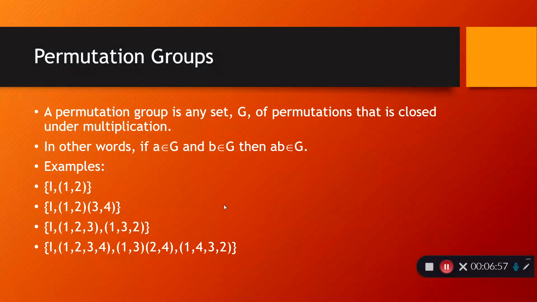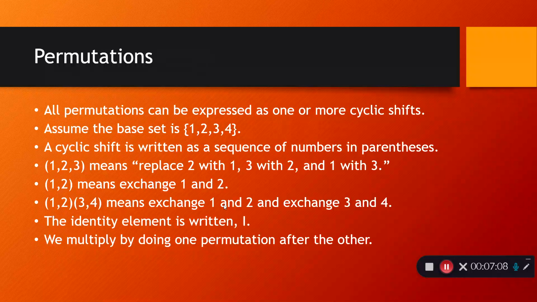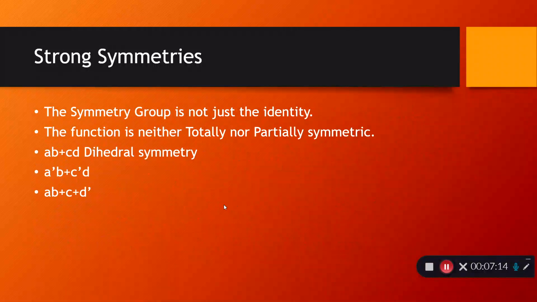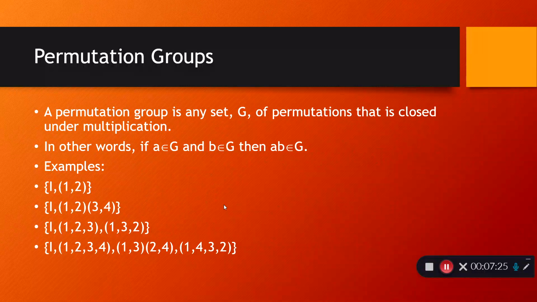If I were to write this a little bit differently, if I were to write it (1, 3)(2, 4), it would be the permutation group of the second example on the first slide. Let's go take a look at that. Okay, so that is the symmetry group of A prime B, C prime D. Again, I'd have to change the (1, 2) to make it (1, 3), and the (3, 4) would be (2, 4). And then it would be the symmetry group of that function.